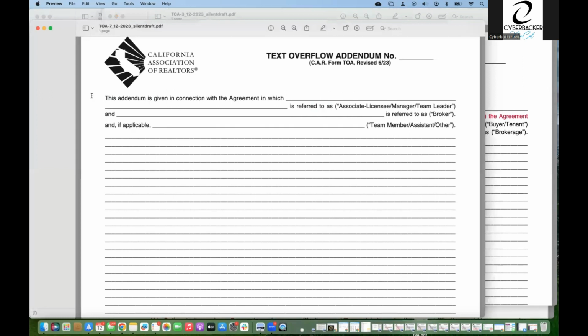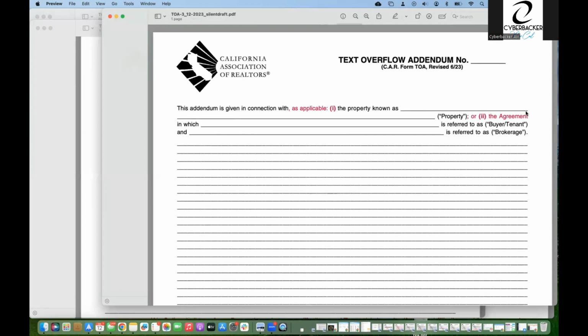They also added this one, which is between the associate licensee, manager, team leader and the broker. So this one's between agents in the office and the broker. They've added one between the buyer and the brokerage. That would be like if it went over on the BRBC, the buyer representation and broker compensation form, it would flow over to this text overflow addendum.